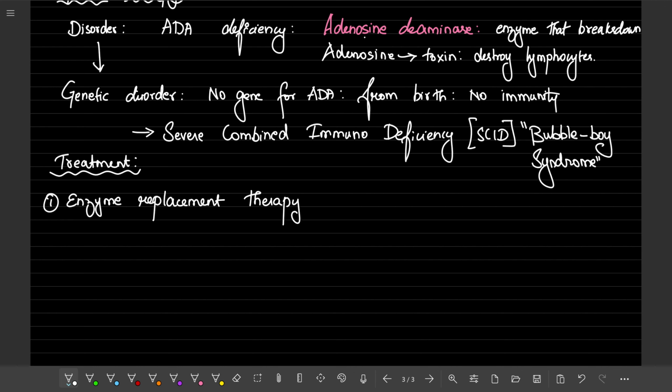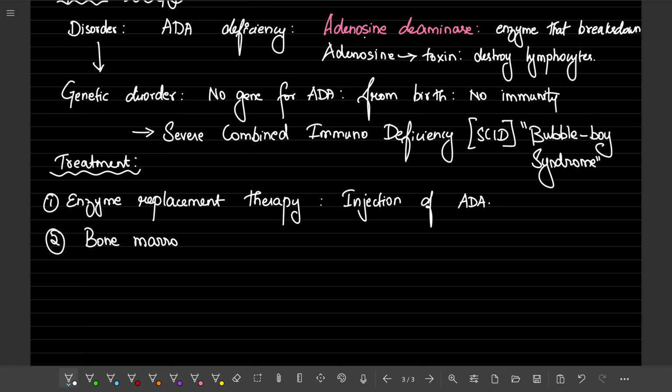Your body is not producing insulin, so you have to inject insulin. Same way here, the body is not producing an enzyme, so it is going to be injection of enzymes. Injection of which enzyme? ADA. But this has to be done constantly, regularly. So it's not a long-term solution.